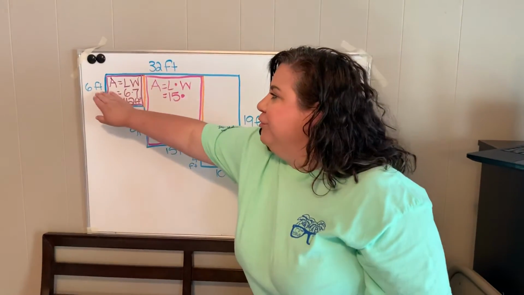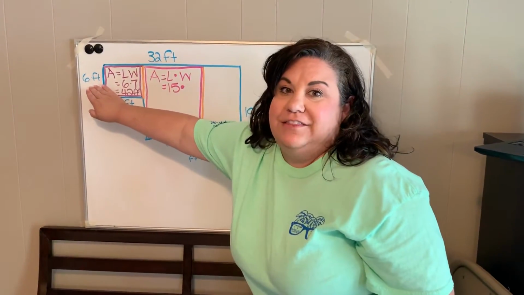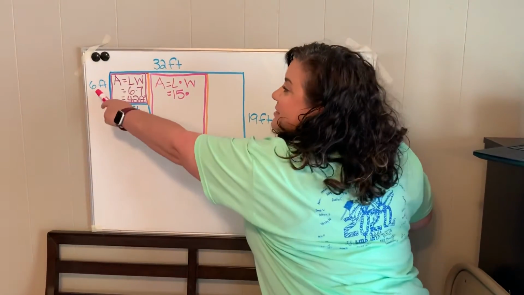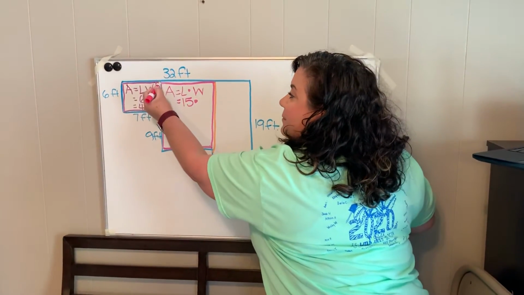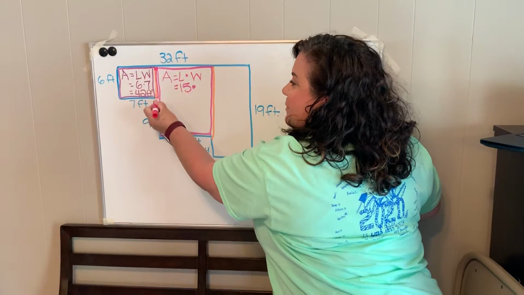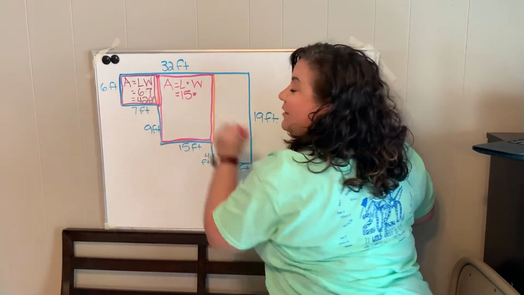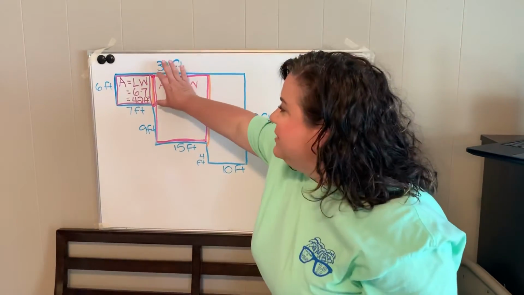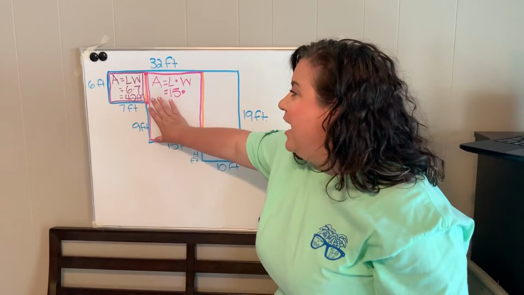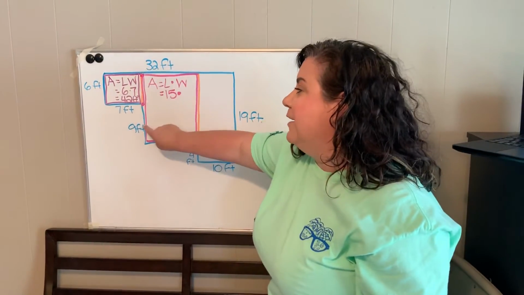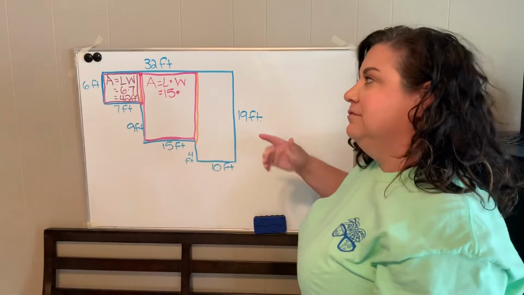Well, if I look over here, I can see that this is 6 feet. So if this is 6 feet, then from this spot to this spot must also be 6 feet. So if this is 6 feet and this is 9 feet, then 6 plus 9 is 15.